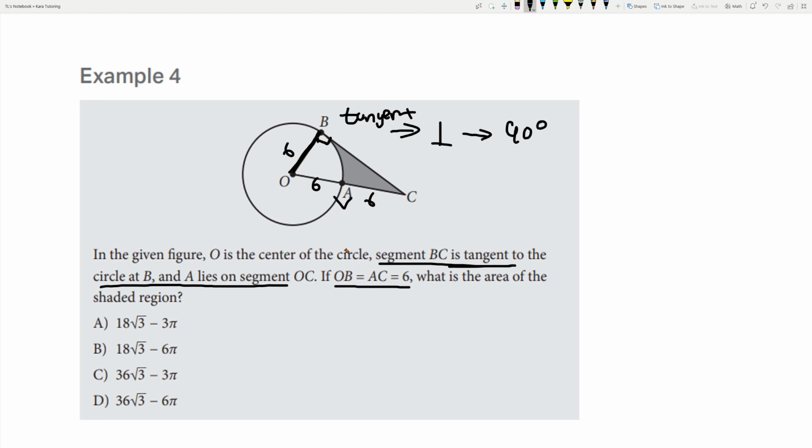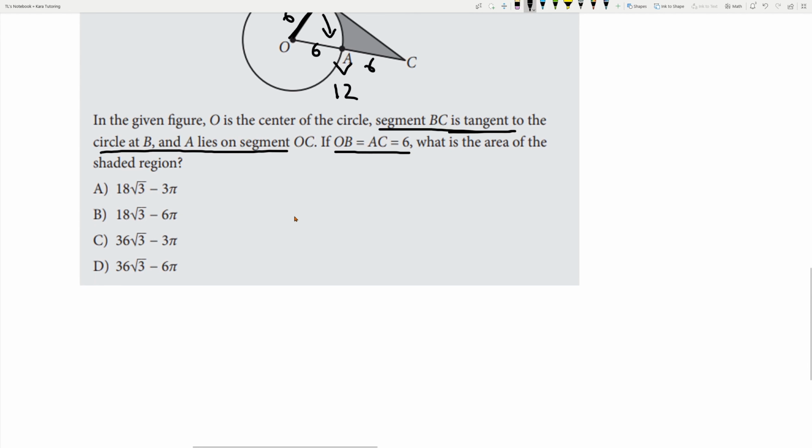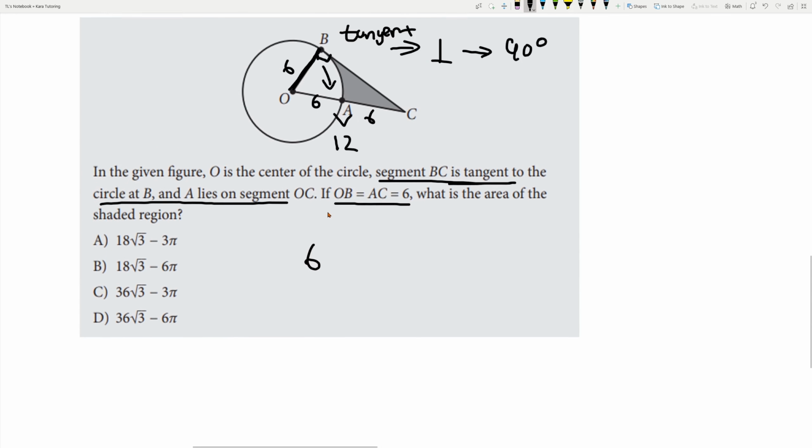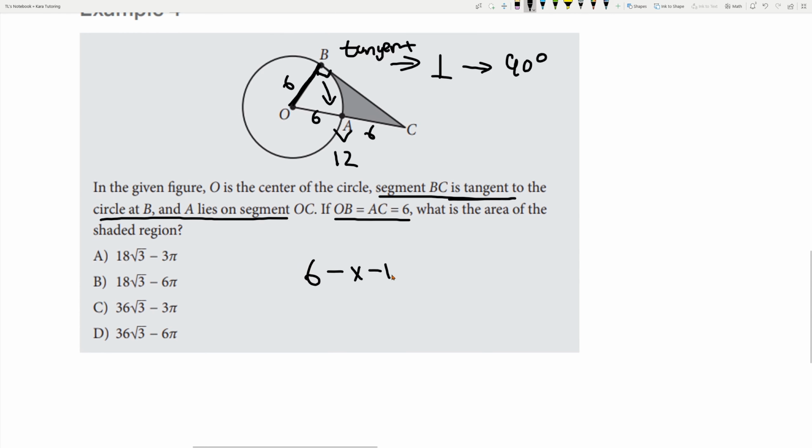What we're going to do now is add the 6 and 6 in order to get the hypotenuse, which is opposite the largest angle in the triangle. So now we have 6, x, and 12. The reason I leave it like this is because there's a special pattern present.